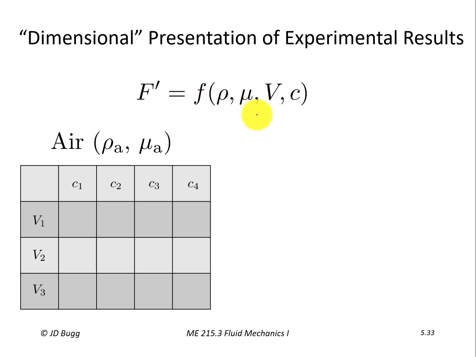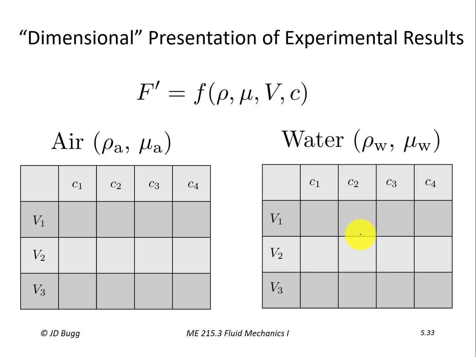So we might also make measurements in a water tunnel. And so we would have a different density and viscosity. We would take different chord lengths, run the water tunnel at different speeds, and again make a whole series of force measurements. So to give detailed experimental results, we could end up with some very, very large tables of numbers, or we could end up with a whole bunch of plots or functions that are fit to these tables of numbers.